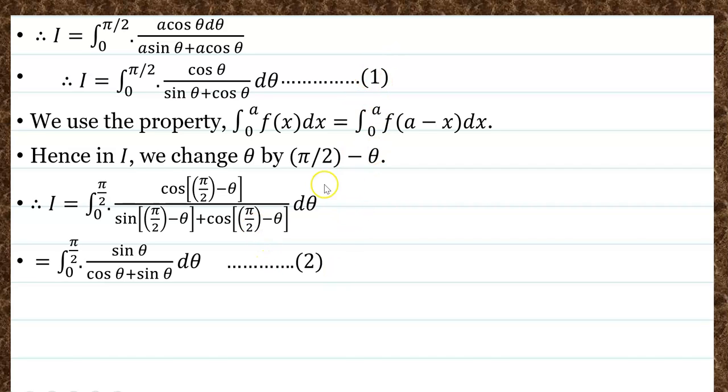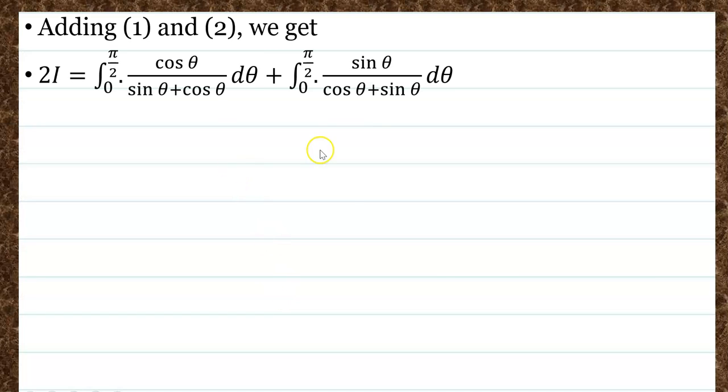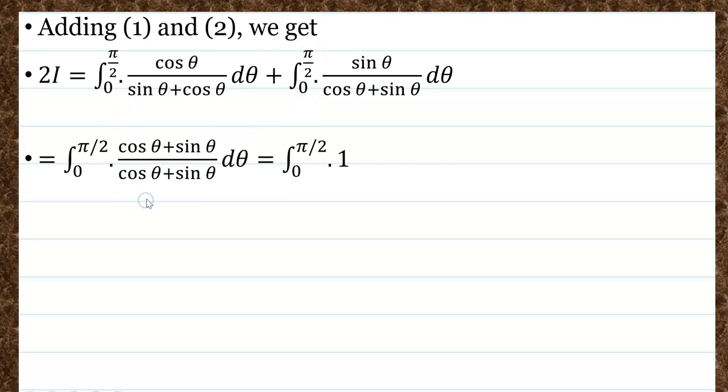And if we add both these equations, then you will get I plus I, that is 2I, on the left hand side. On the right hand side, if we add both, take 0 to pi by 2 as common, and in the numerator you will get cos theta plus sin theta. Denominator as it is, so the same.